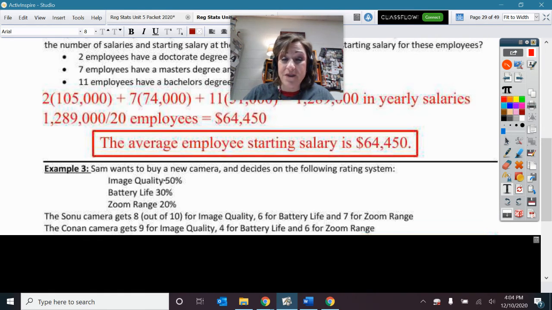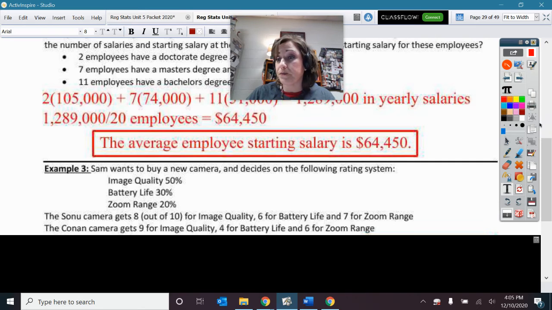You're attributing 50% of the score because of the image quality, and 30% of the score based on the battery life, and 20% of the score based on how well it can zoom. So that means each of these have a different rating for each of these different categories.